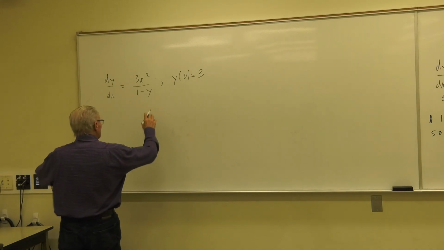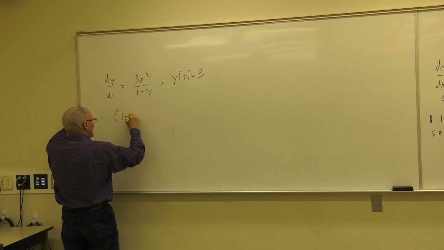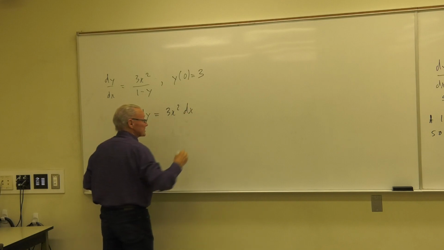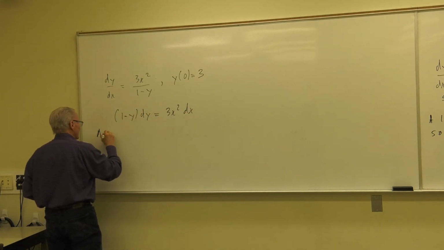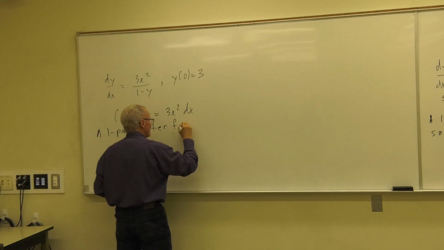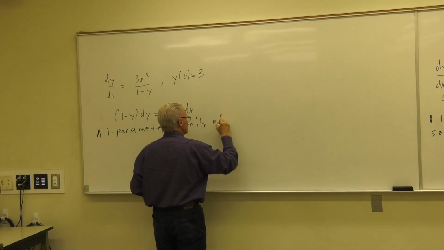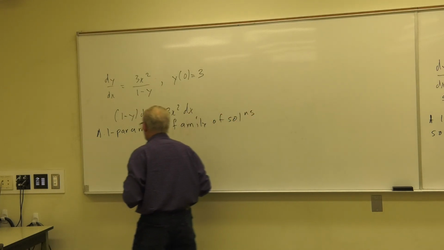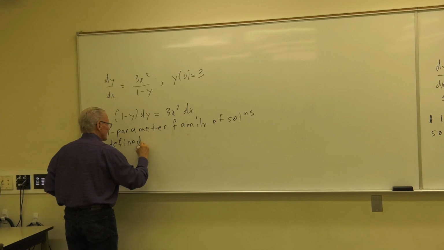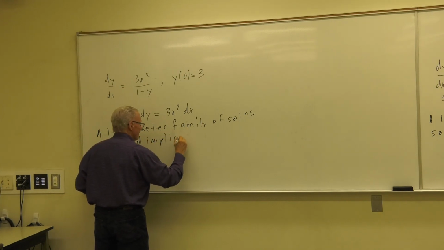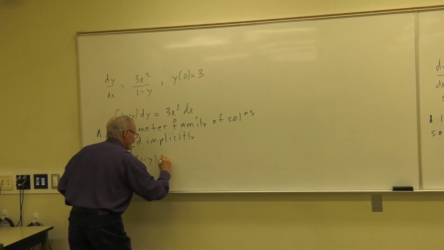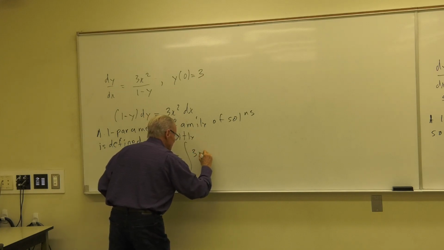But this differential equation is separable. I could write 1 minus y dy is equal to 3x squared dx. It's separated. And therefore, a one-parameter family of solutions is defined implicitly by writing that the integral of 1 minus y dy is equal to the integral of 3x squared dx.